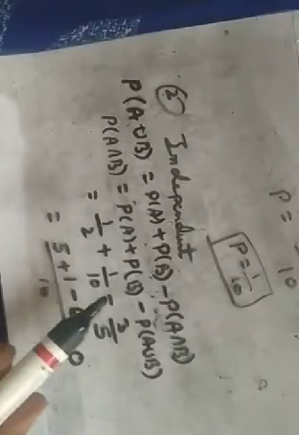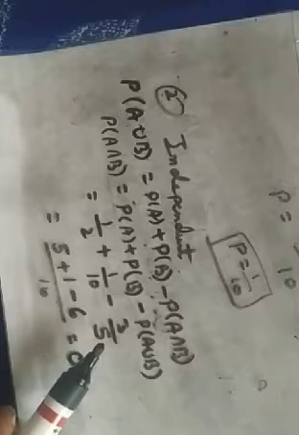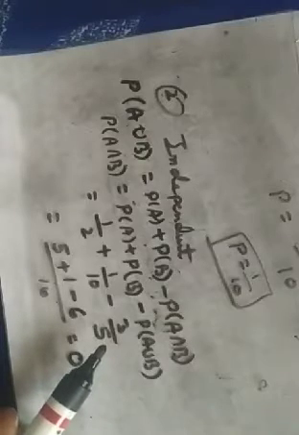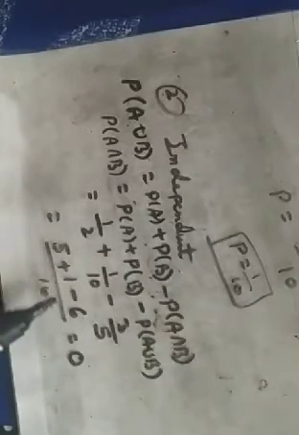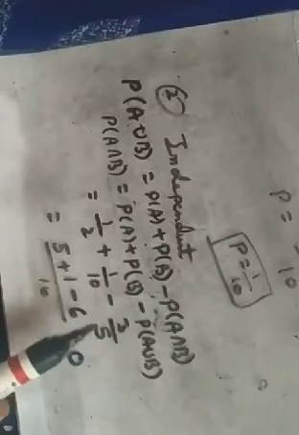P of A is 1 by 2, P of B is 1 by 10, and P of A union B is 3 by 5. The LCM for this will be 10. 2 ones are 2, 5 twos are 10, ones are 5, 2 threes are 6. So which is equal to 0.